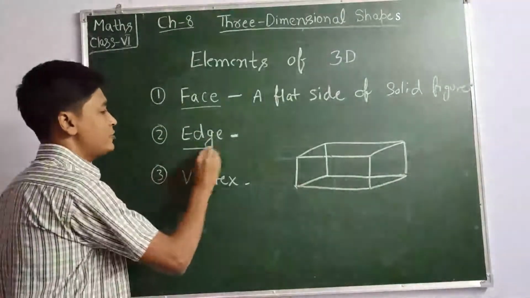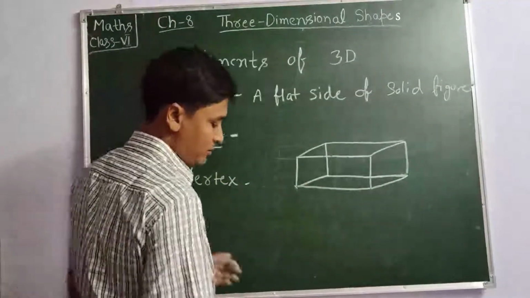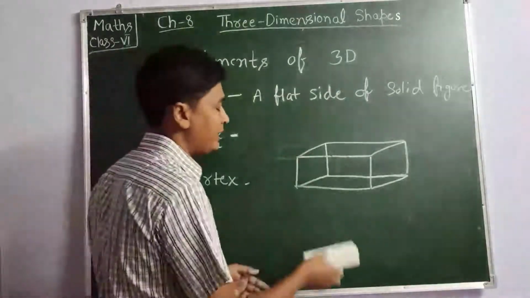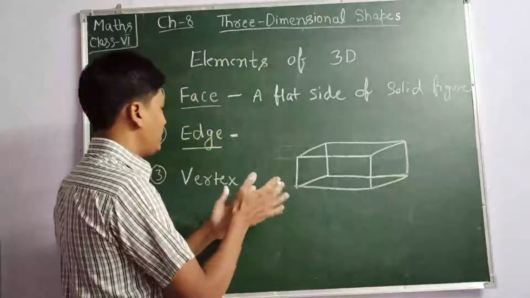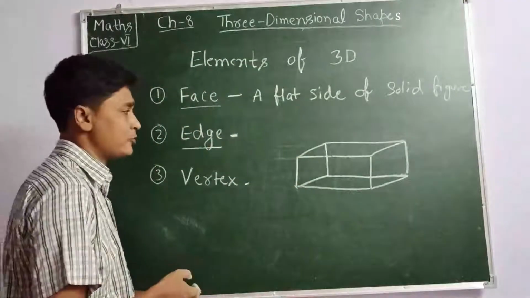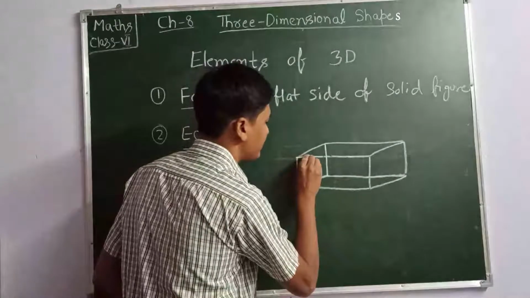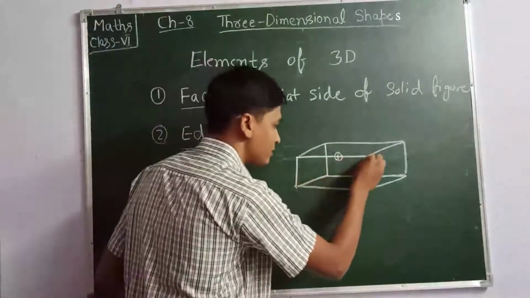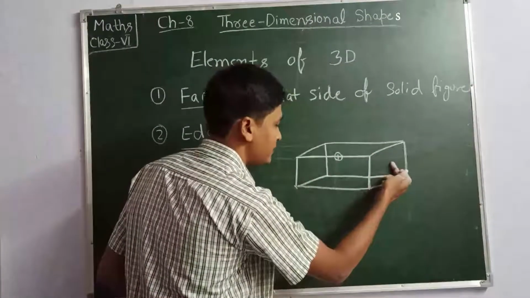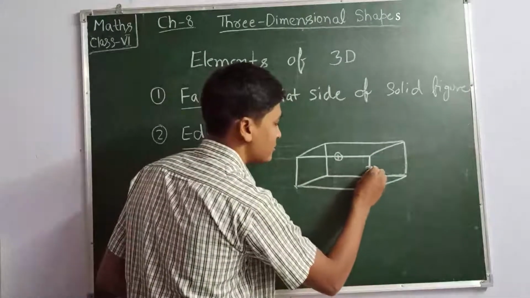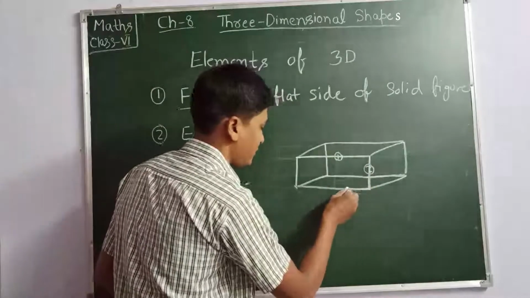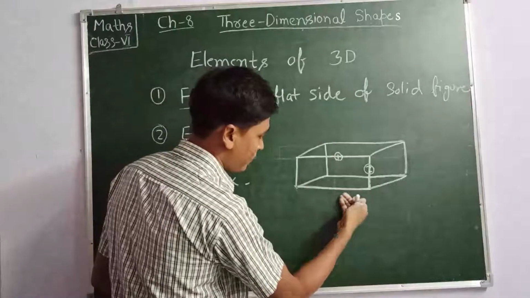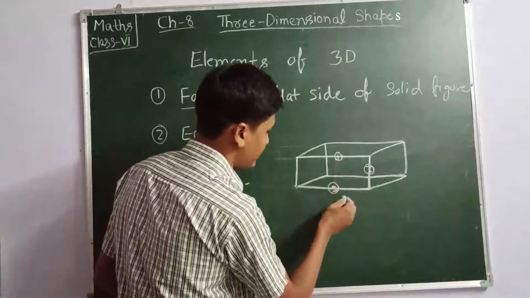Now edge. Where two faces meet. So how many edges are here? We have to count. First, let me mark this line 1, because this face and this face meet. 2. Here third one, because this line and the bottom face meet.